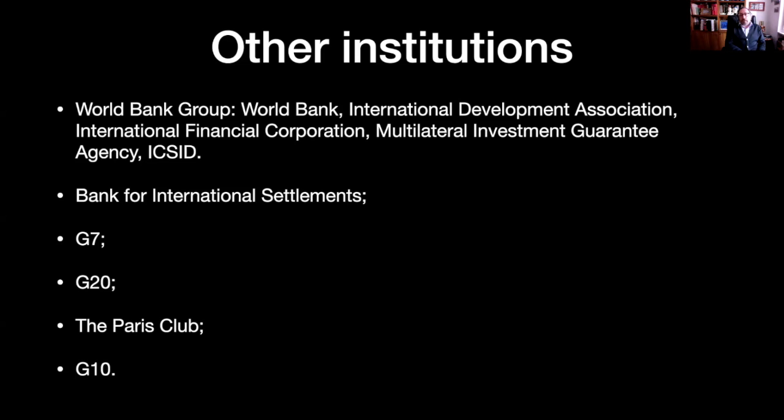And then the G10, that, as we will see, plays a role in ensuring additional funds to be made available to the IMF in the event of the fund's resources being insufficient to cope with an international crisis.